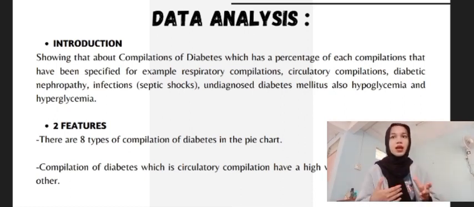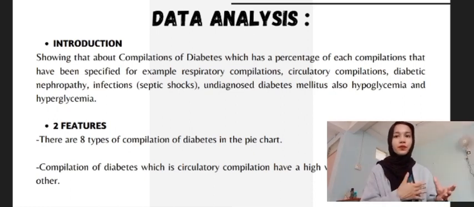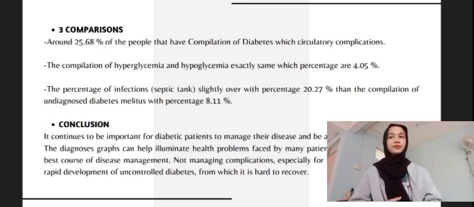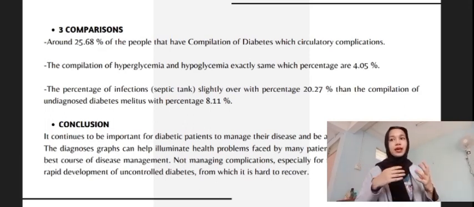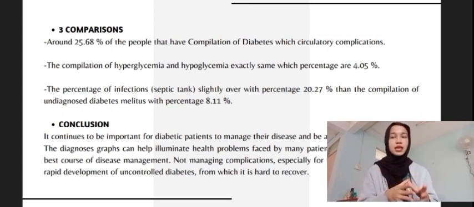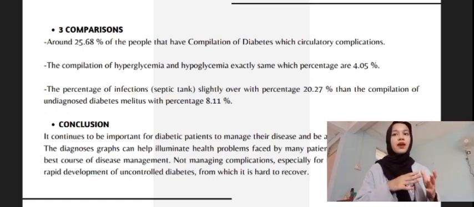Two features in this pie chart are that there are 8 types of complications of diabetes in the pie chart, and the complication of diabetes which is secretory complication has a higher value than others. Three comparisons that we can make in this pie chart. First, around 25.68% of the people that have complications of diabetes have secretory complications.